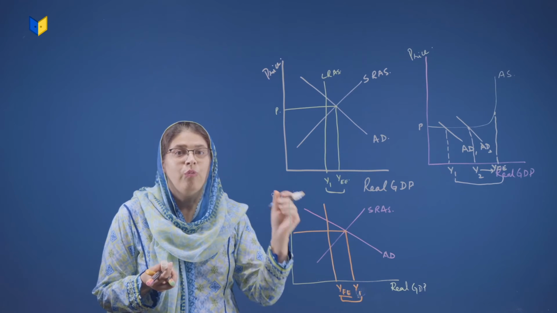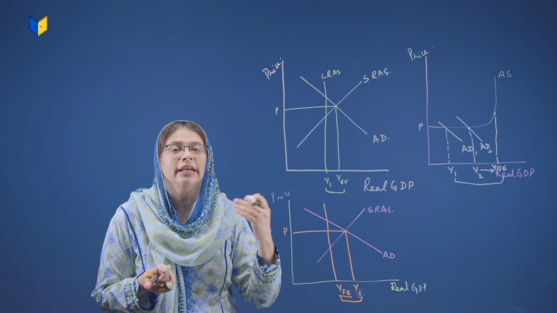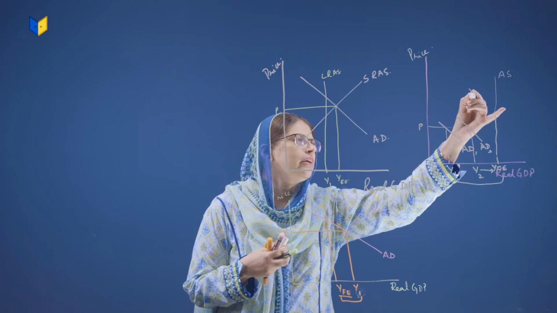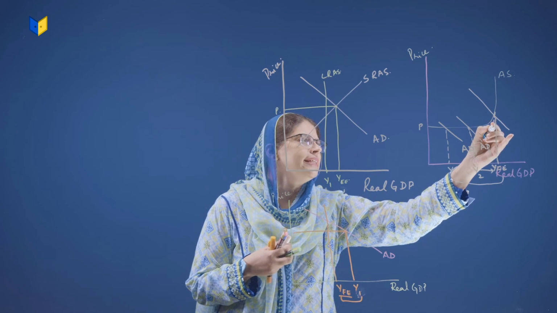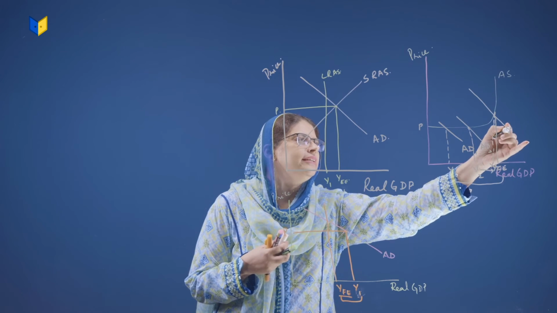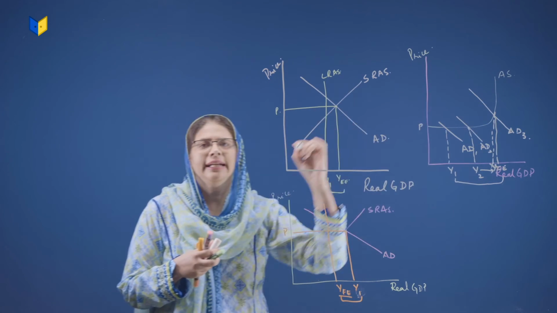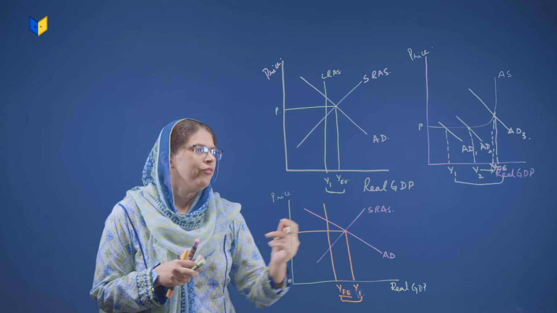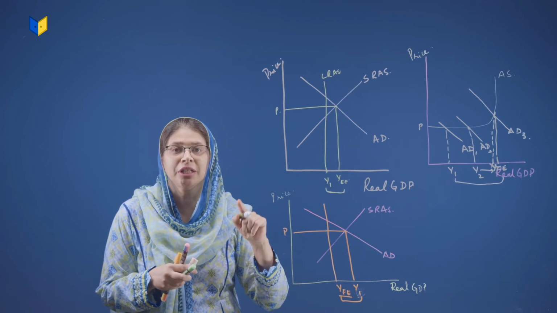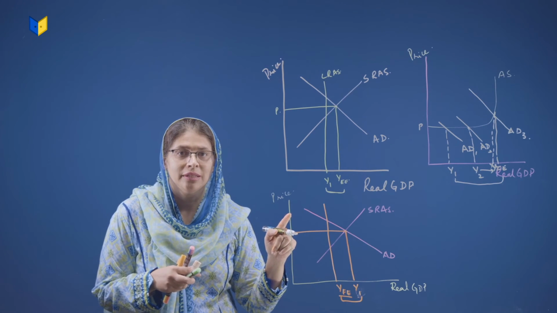So what is the level of the aggregate demand? It should be very close to this potential, like this Y3. This should be your aggregate demand curve, where there is a very lesser gap between the potential and the actual.